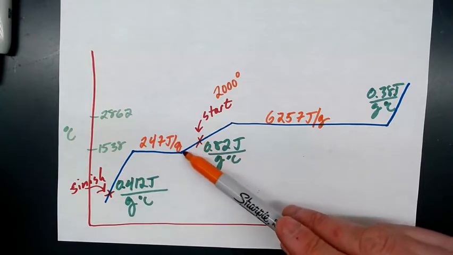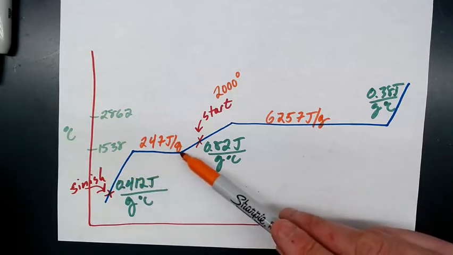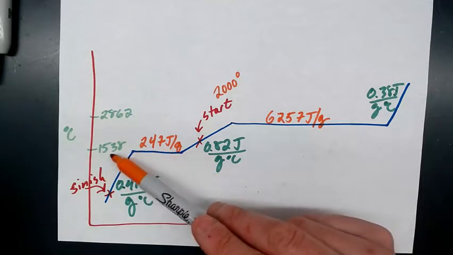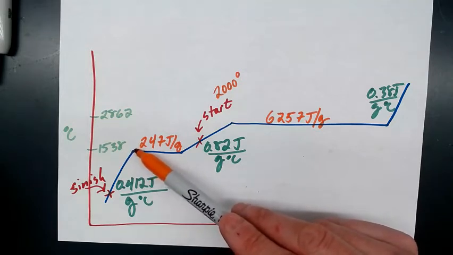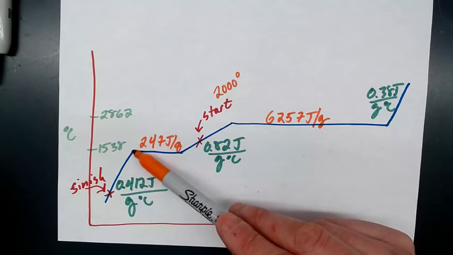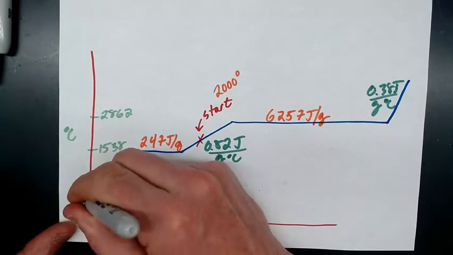We're going to cool it down, and it's going to be liquid at 1538 degrees Celsius. And we're going to cool that liquid down until it becomes a 1538 degree solid. So that's the heat of fusion there. And then we're going to cool that solid all the way down to 20 degrees Celsius.